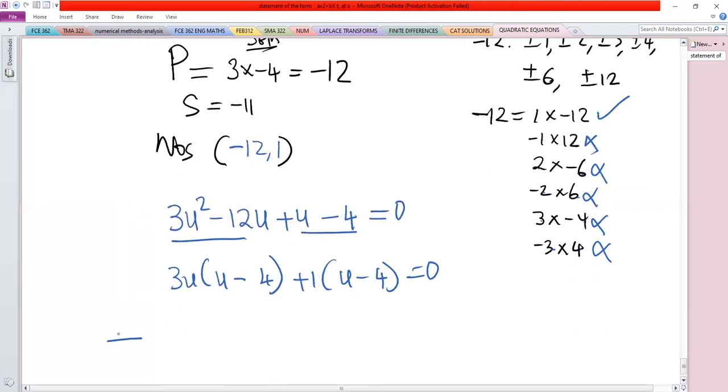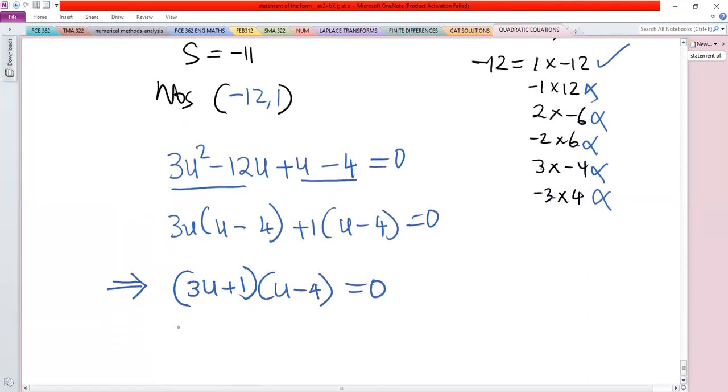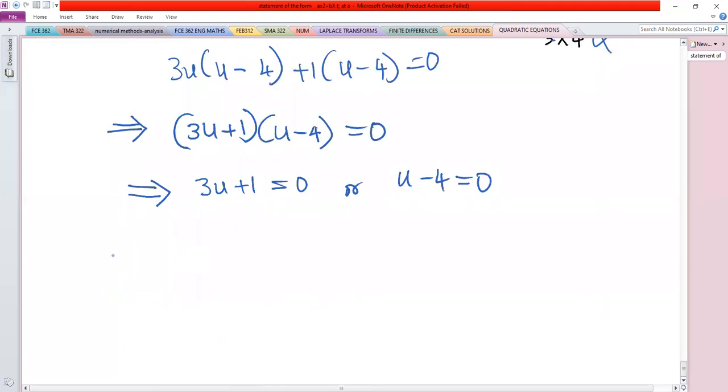Which means that 3u plus 1 multiplied by u minus 4 equals 0. Now, applying the zero product property of real numbers, 3u plus 1 is 0, or u minus 4 is 0. Which implies that u is negative a third, or u is positive 4.